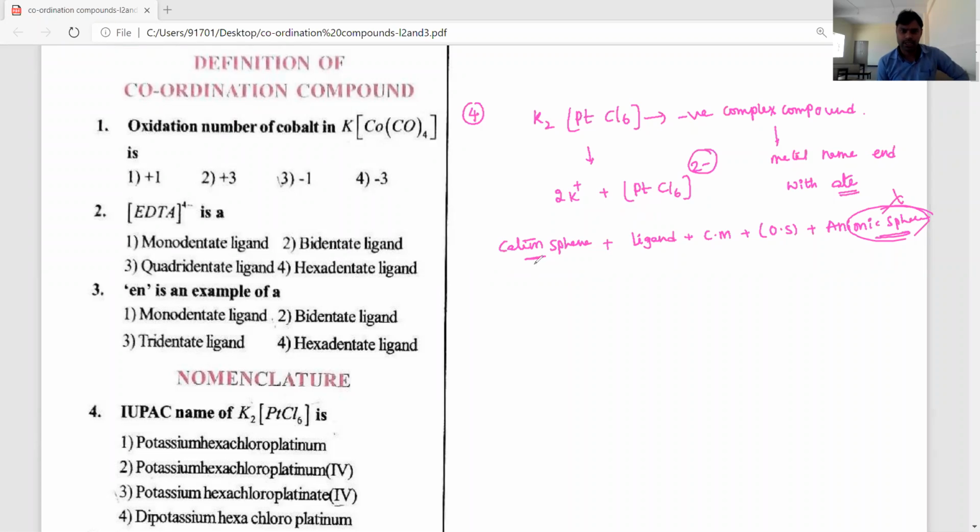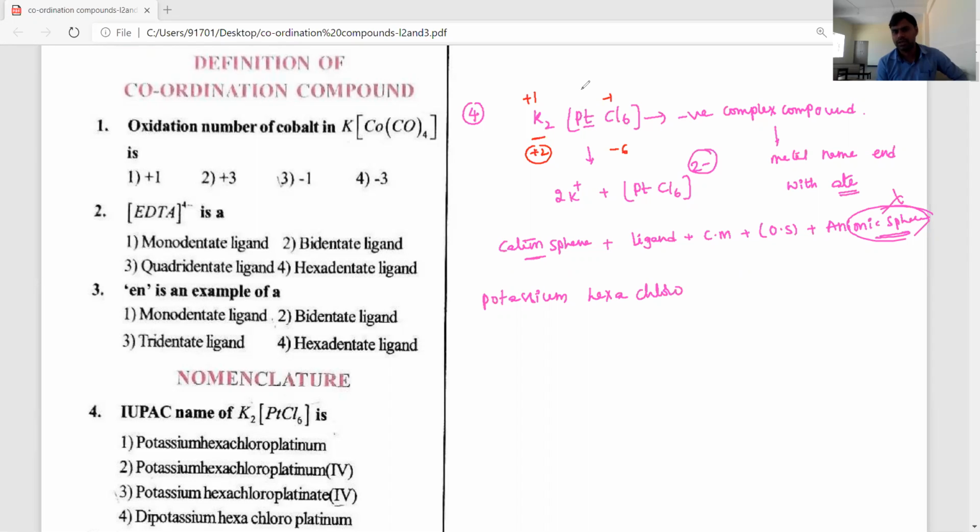So the name starts with potassium, hexachloro. What is the oxidation number of the central metal atom, dear students? Here potassium is +1, and 2 are present, so +2. Each chlorine oxidation state is -1, so -6 is present.